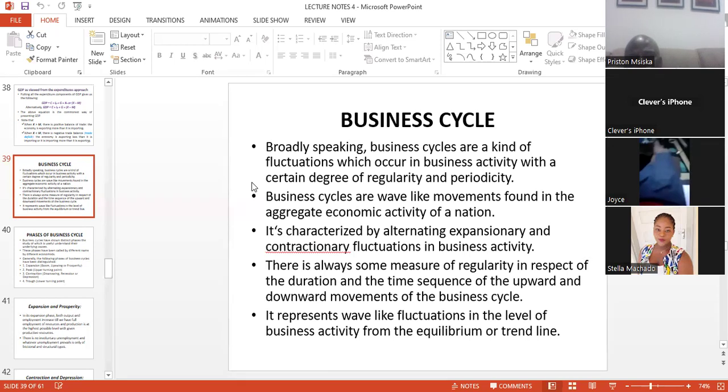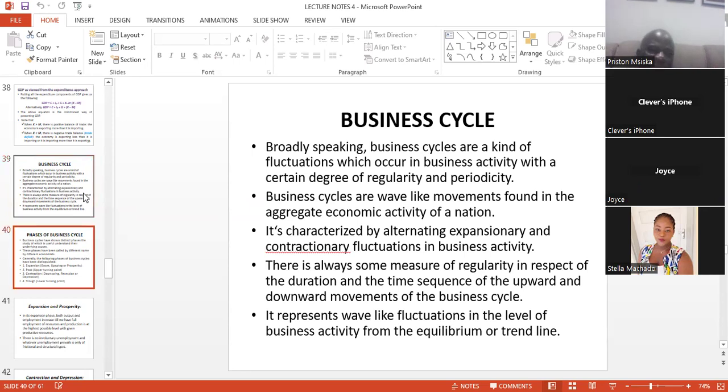And when you are on the upward trajectory, you actually maintain that momentum for 2, 3 years. That's the idea of business cycles.